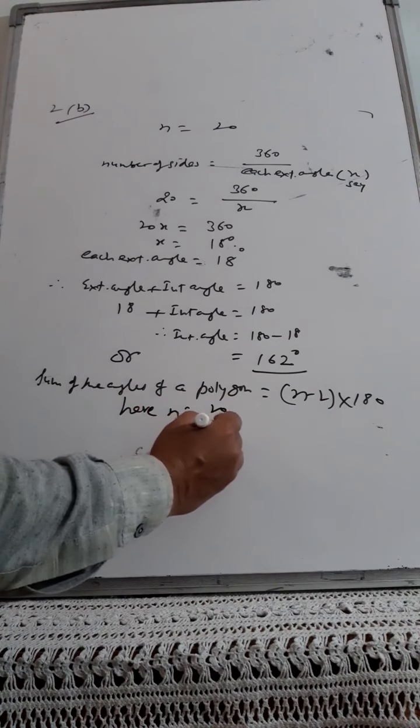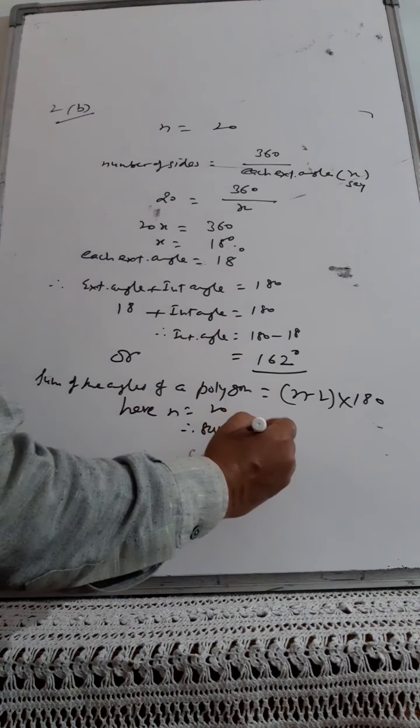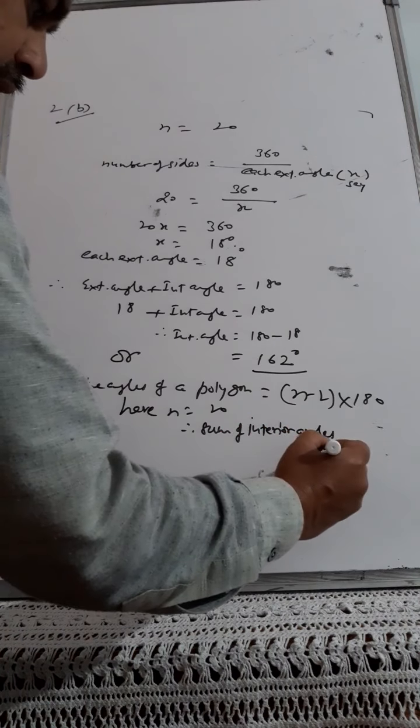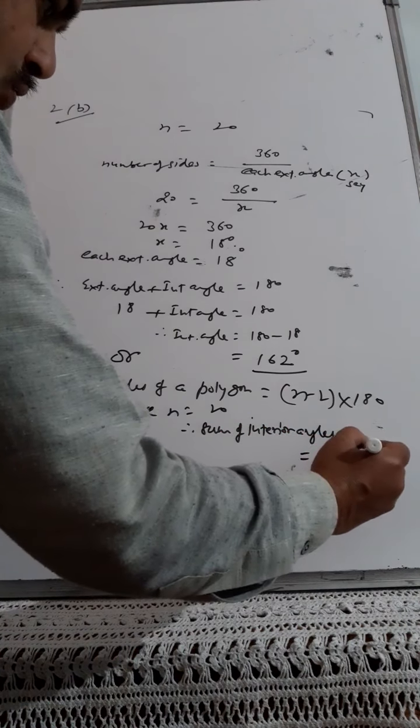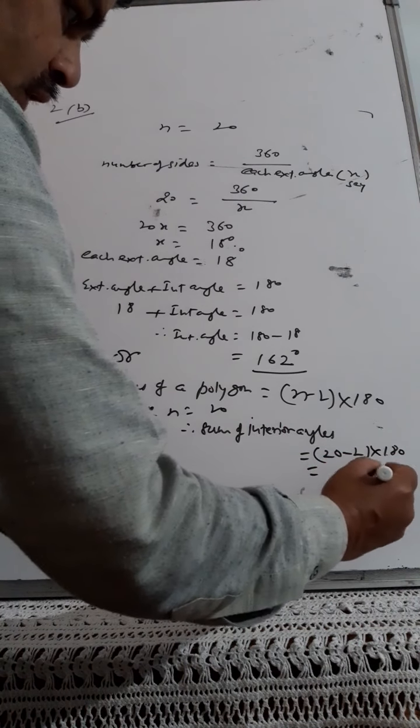Therefore, the sum of all interior angles will be equal to (20 minus 2) into 180, so 18 into 180.